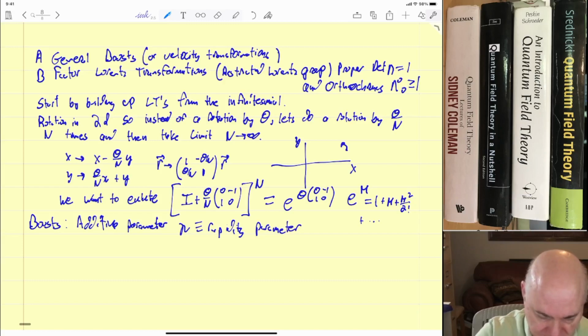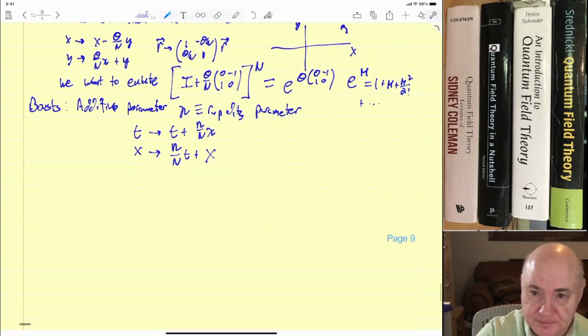So under an infinitesimal transformation, we find t goes to t plus eta over n times x, and x goes to eta over n times t plus x.